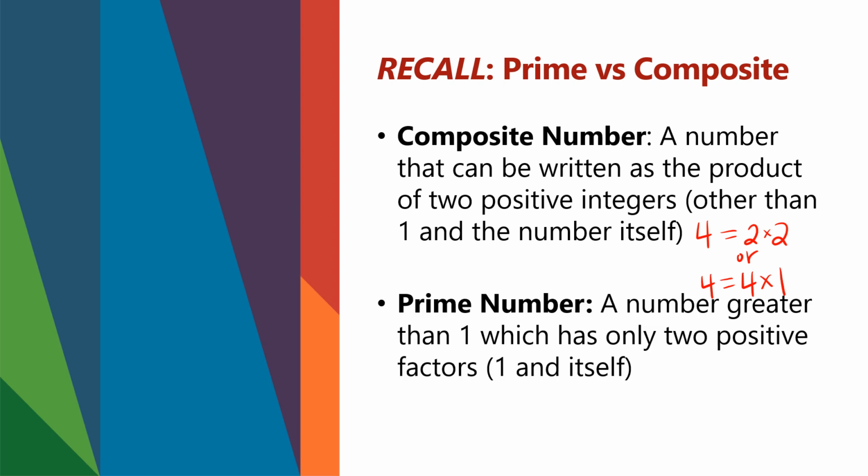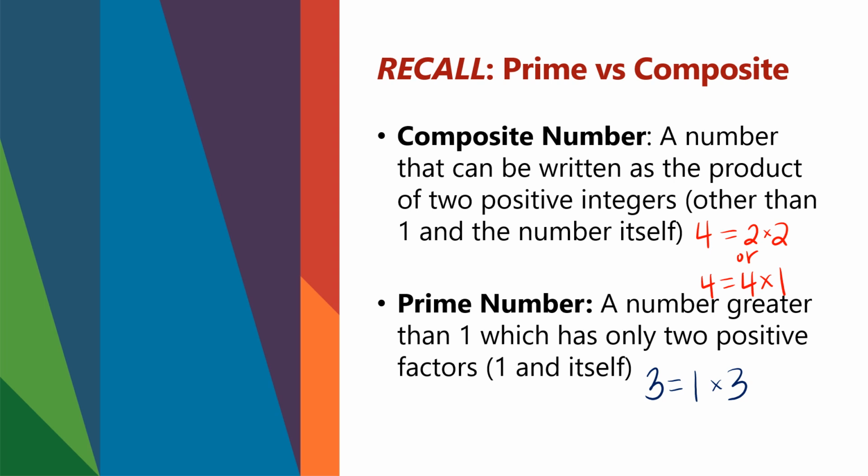A prime number is any number that's greater than 1 which has only two positive factors, 1 and itself. An example of a prime number would be 3. The only factors of 3 are 1 and itself. Factors means what multiplies to give you that number.